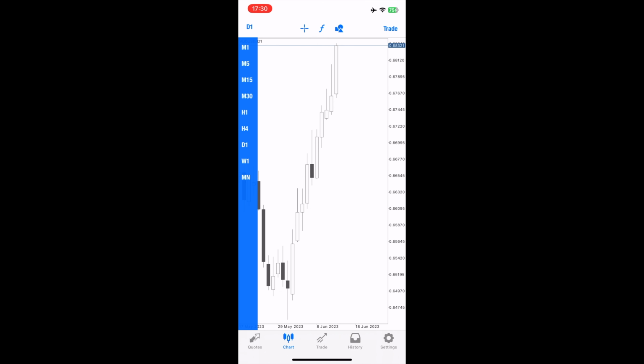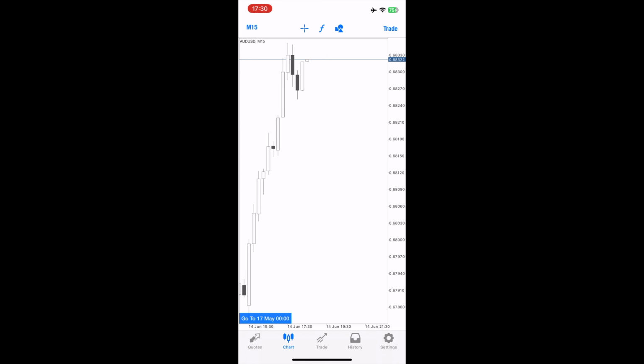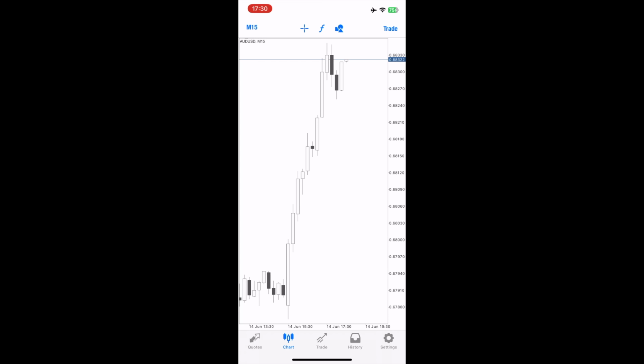Let's say I want to scale down to 15 minutes. I can just come to this D1 here, click on it. These are the time frames, and I can choose to go for 15 minutes. Can you see, this is the 15 minutes chart on AUD USD on the Prosperity broker account.